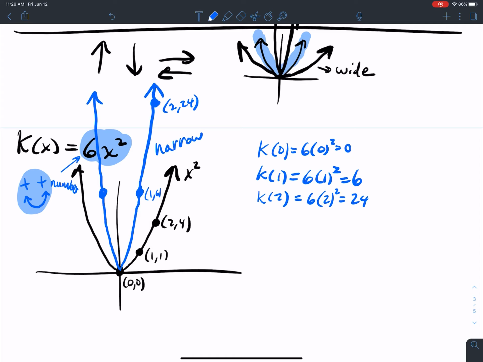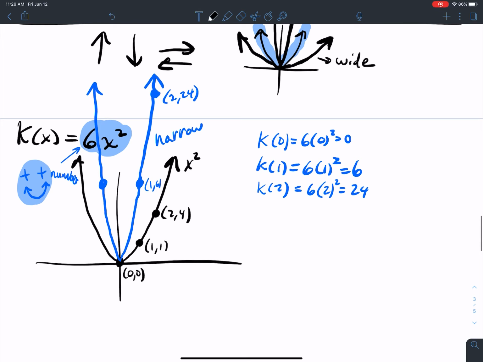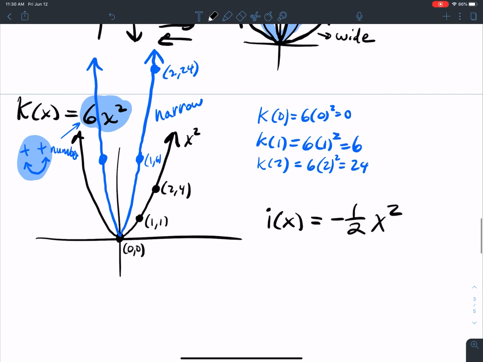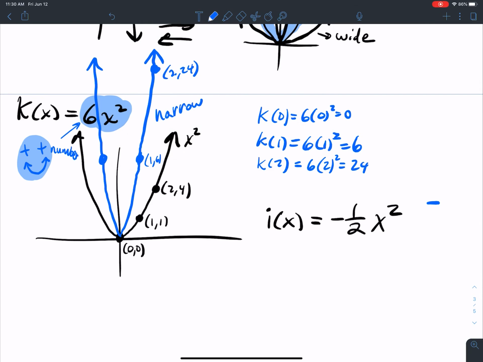Now, negative numbers, all right? So let's take another example. Let's take like i of x equals negative 1/2 x squared. So negative numbers are the opposite of positive. Instead of being concave up, a negative number is concave down.